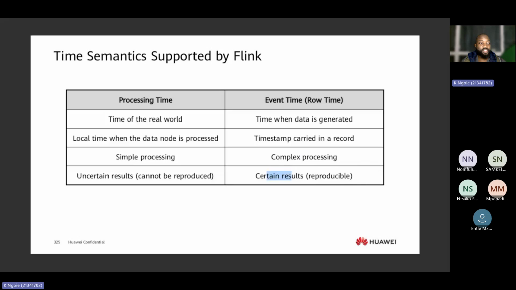So in the event time, you basically have the timestamp of the event. So this can be considered accurate. It's used in most cases like, for example, a billing system where you need to record at what time some event happened, so that you can maybe bill your client.